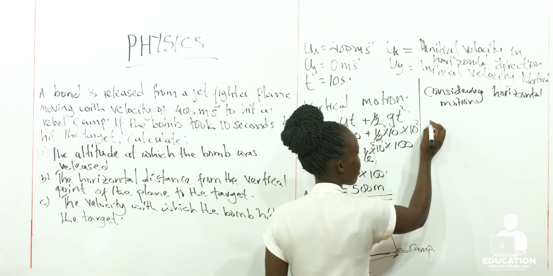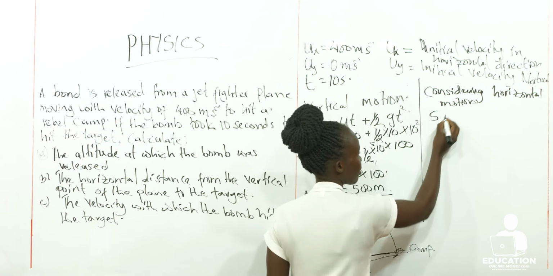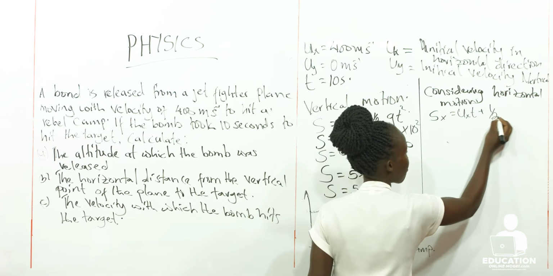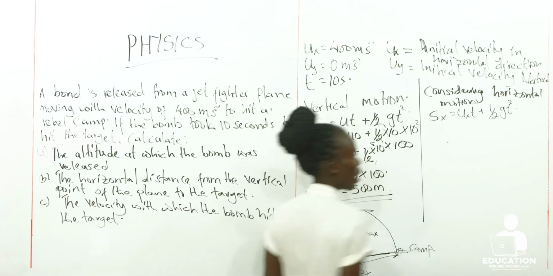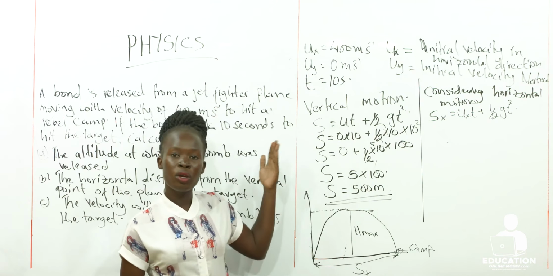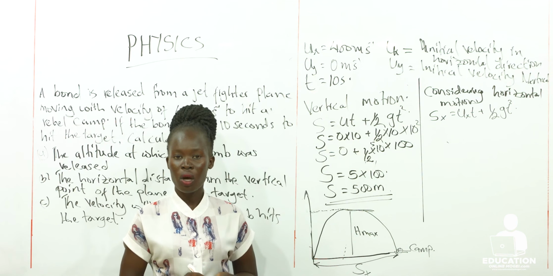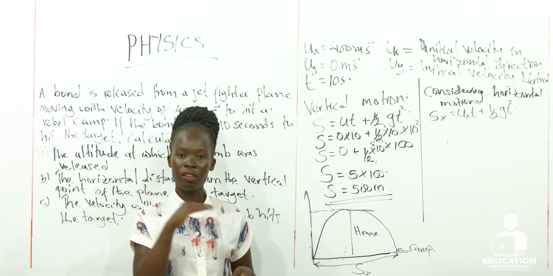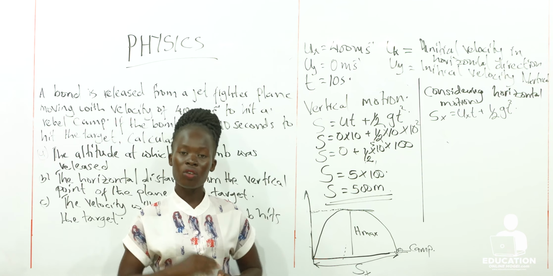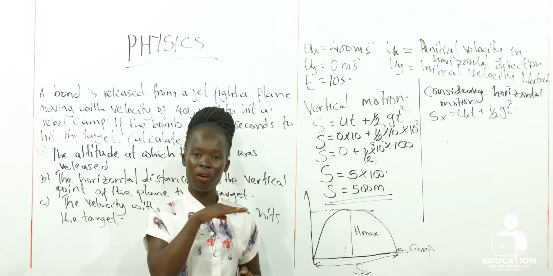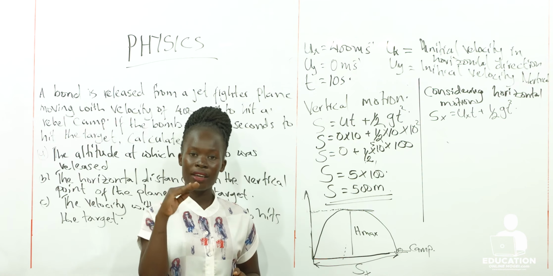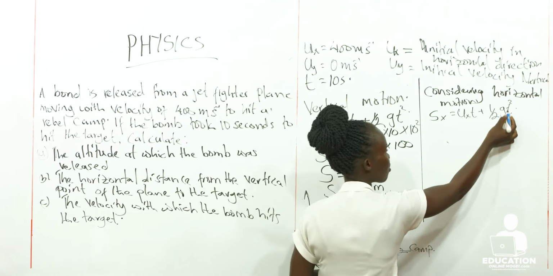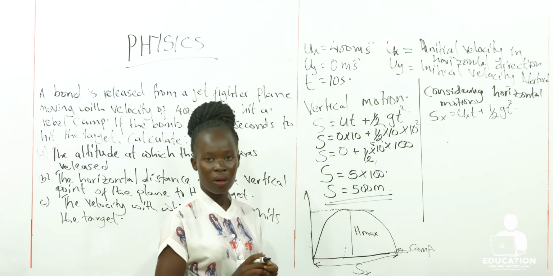So we shall have our S is equals to UXT plus a half GT squared. But what do we know about the horizontal motion? We know that with the horizontal motion, there is no acceleration due to gravity acting on that body. So acceleration due to gravity is equals to 0, so the whole of this will be cancelled.